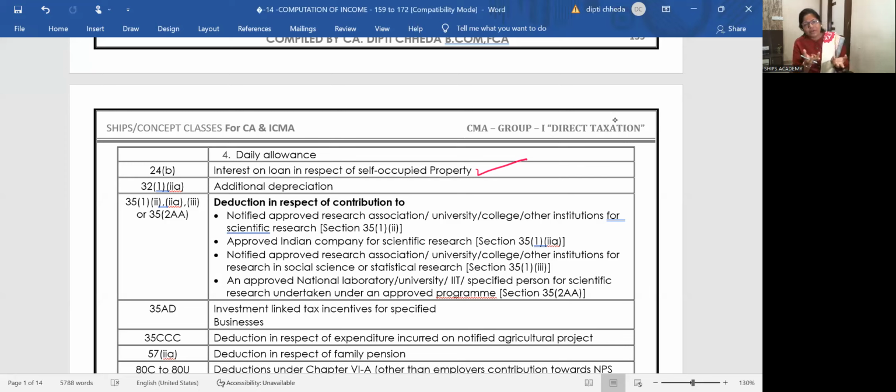Ma'am, 2 lakh rupees is there, you won't give even that? Write it here: in self-occupied property, how much interest is allowed? Up to 2 lakh, no limit. For interest, I have separately given you all a flow chart, please make it very perfect. Let out and deemed let out, whatever is actual interest is allowed, even if you're going for 115 days. Only for self-occupied property interest on loan is not allowed.